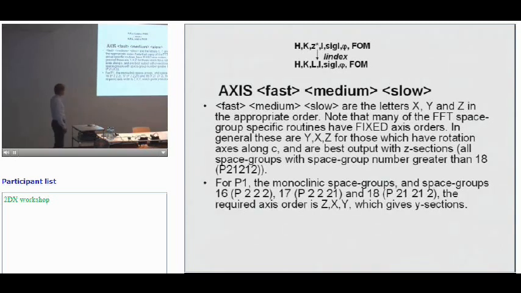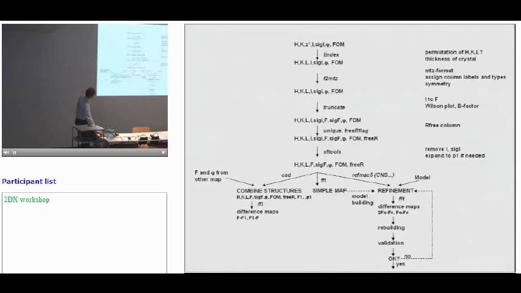While for lower symmetries, all monoclinic and orthorhombic, the required axis order is Z by XY, which gives Y sections instead. This can be taken into account already at this step when we transfer the HK Z-star values to HKL by simply making a permutation of the axes. It can be taken into account later also, but there's always a risk of making some mistakes there.